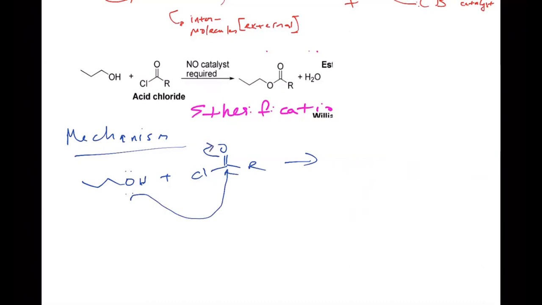All your carbonyls are going to react the same way with a nucleophile. Anytime you react a carbonyl with a nucleophile, you're going to end up with the tetrahedral intermediate. And that intermediate is either going to get quenched or it's going to break down and eliminate something to get you back to the carbonyl. So one of those two things is going to happen every time you react a carbonyl with a nucleophile.